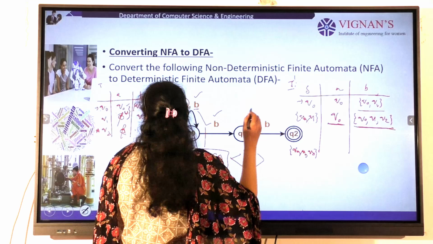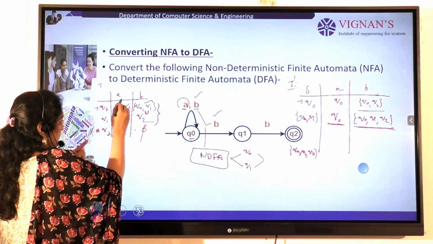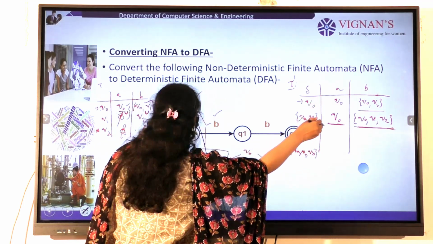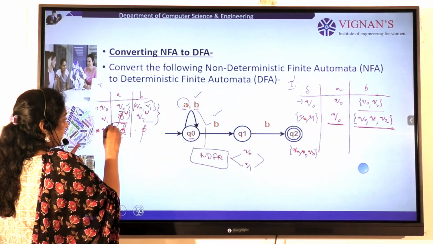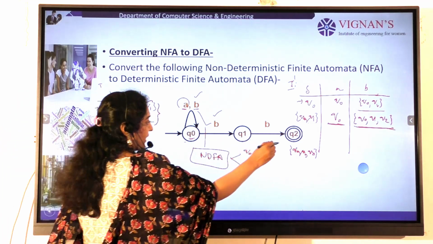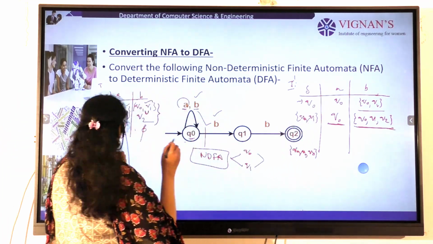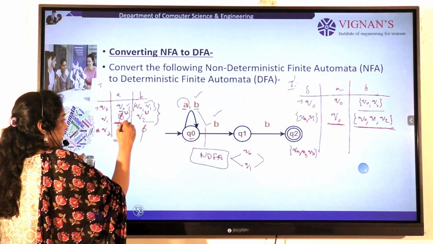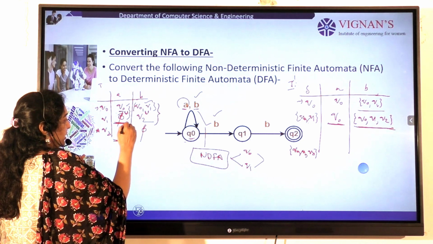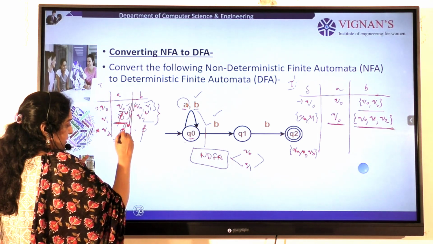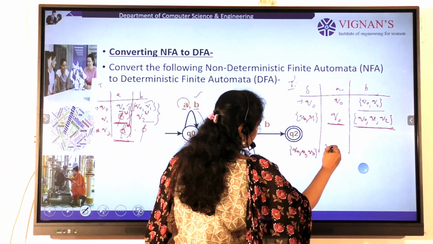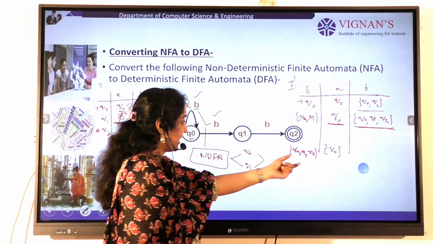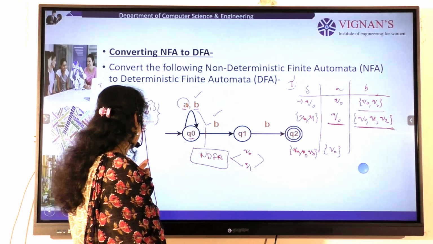Q0 by reading an input symbol A goes to Q0, and Q1 by reading an input symbol A doesn't have any transition, so phi is written. Q2 by reading an input symbol A also doesn't have any transition, so phi is written here. So apply union operation for these three entries. Now we get Q0, which is the entry obtained by reading the input symbol A.